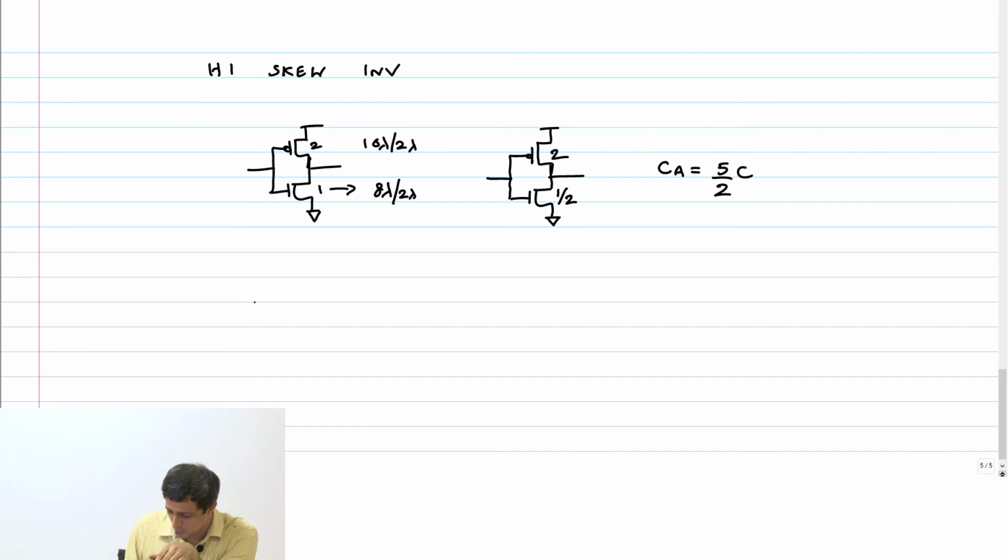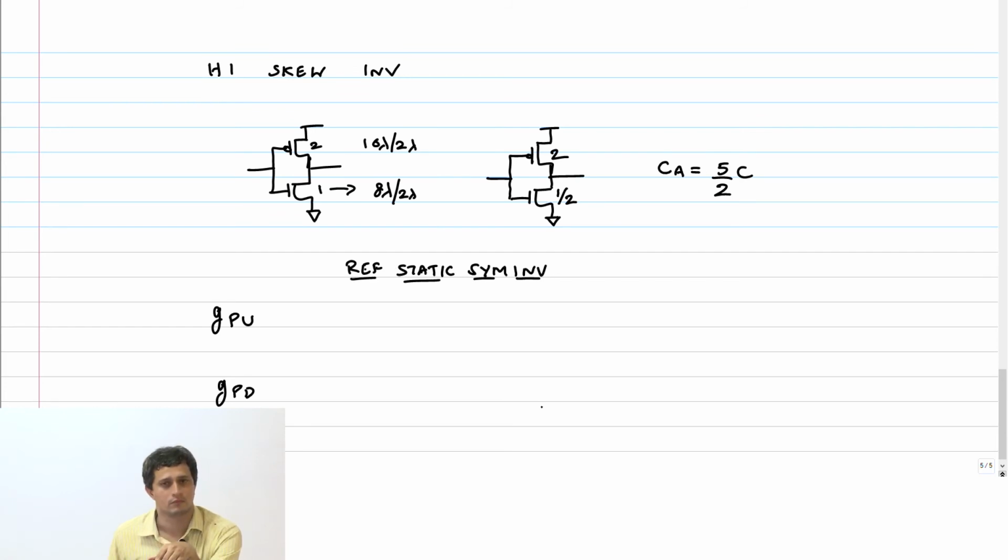Now I am going to calculate logical effort of pull up and logical effort of pull down. This is my reference symmetric static CMOS inverter. I'm going to construct these two things.